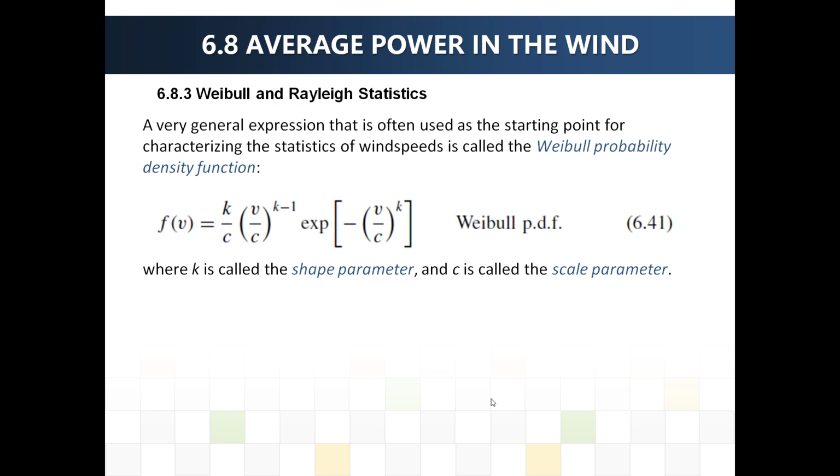The Weibull probability density function is f(V) equals k divided by c, multiplied by (V divided by c) to the power k minus 1, multiplied by exp of minus (V divided by c) to the power k, where k is called the shape parameter and c is called the scale parameter.